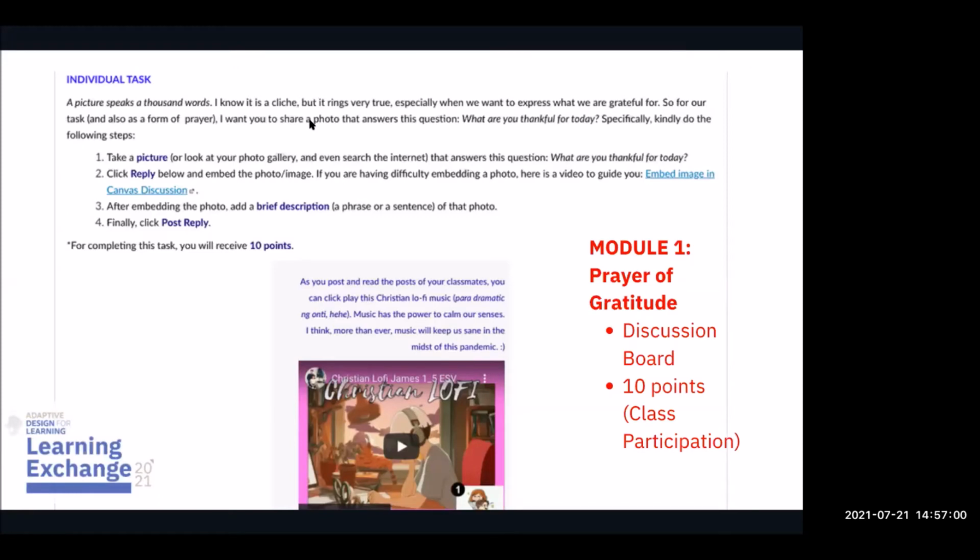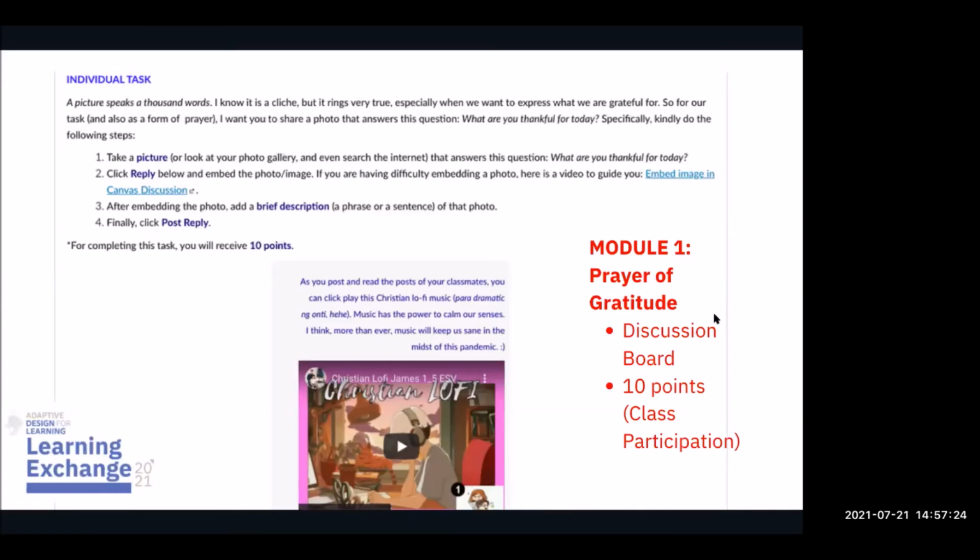So the idea is they just need to share a picture of something that makes them, or even someone or somewhere that makes them thankful for today. Again, this is not part of the content of the course, but the idea is that they will share something, and that would be a form of a prayer already.